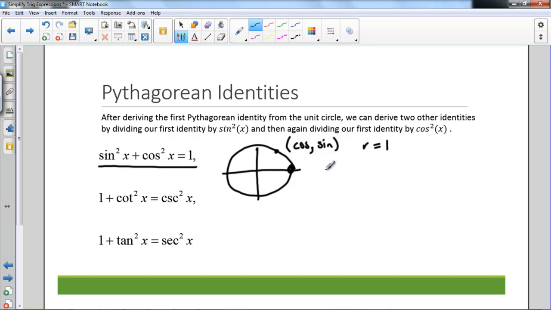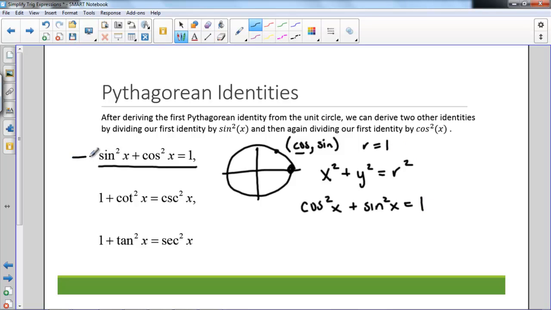So if you recall, the equation for a circle is x squared plus y squared equal to the radius squared. So here, instead of having x squared, we're actually going to have cosine squared. And instead of having y, our y term is actually sine squared. And as I said before, we know our radius is 1, so 1 squared is still just 1.